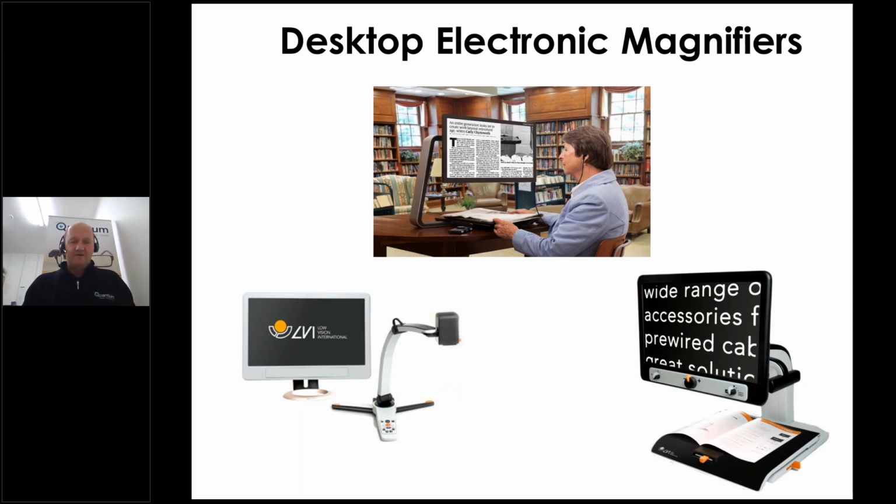The biggest advantage of a desktop magnifier is that on the majority of them, there's a table underneath called an XY table, which moves left and right and also forward and backwards.